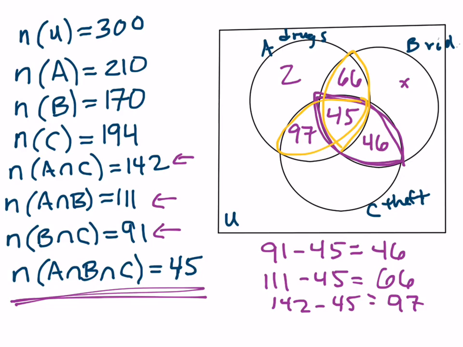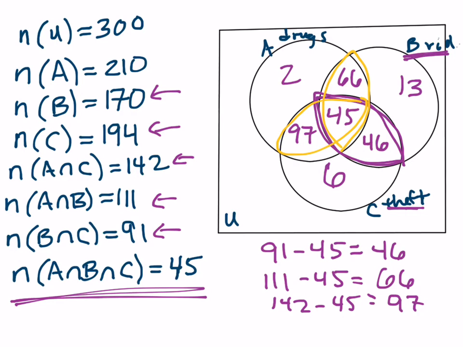Similarly for just B and just C. To find just domestic violence, take 170 and subtract 66, 45, and 46, these 3 numbers, and you get 13 people. And then people who committed only theft-related crimes. Take 194 and subtract 97, 45, and 46. And you should get 6.